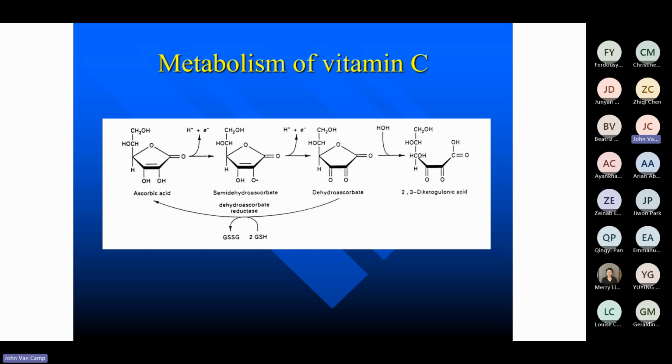Dehydroascorbate in very high quantities will go into gulonic acid. And gulonic acid is the starting molecule for oxalic acid, and oxalic acid can give you kidney stones. So if you would consume mega doses of vitamin C, 500 milligrams a day, for example, high dosing, and you keep that for a long period of time, so chronic supply, you might run into problems with kidney stone formation.